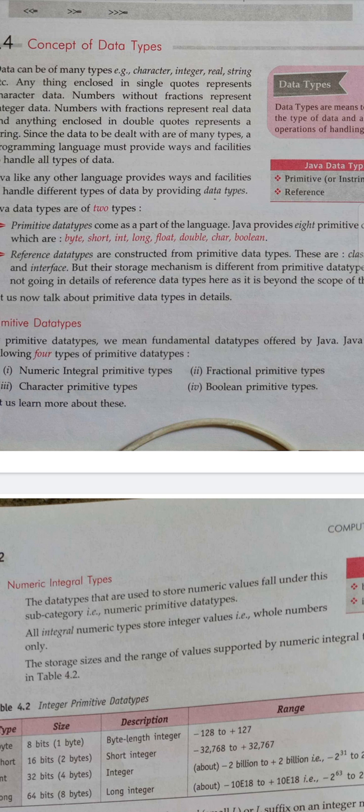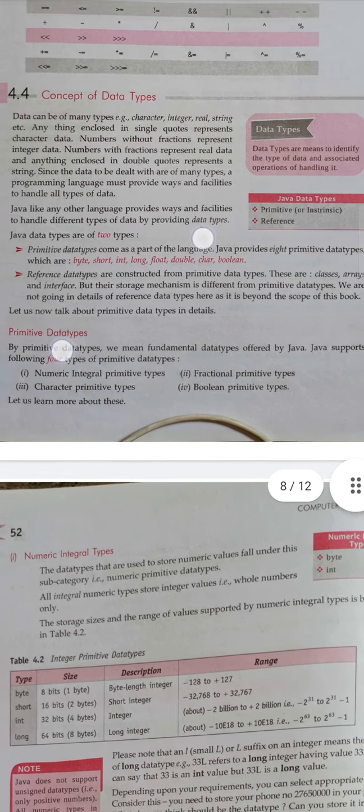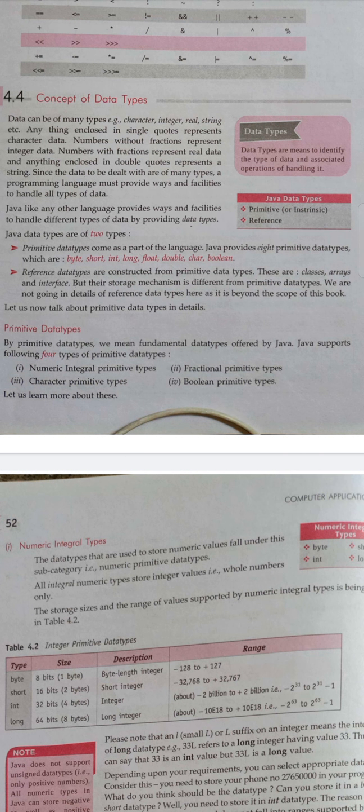It means they are constructed, developed with the help of primitive data types. They take the help of primitive data types, and that is why they are known as reference data types. So what are the different data types used in reference, derived or non-primitive?